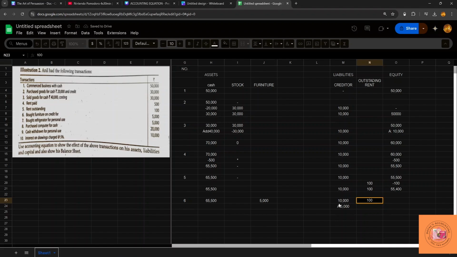This will be 100. The totals 55,400, 100. Total here is 5,000, 65,500. Okay, so this will become 70,500. And this will also be equal to 70,500.